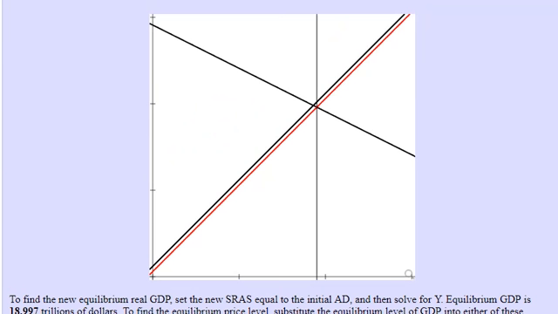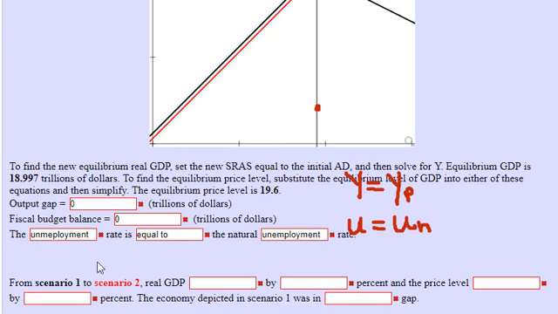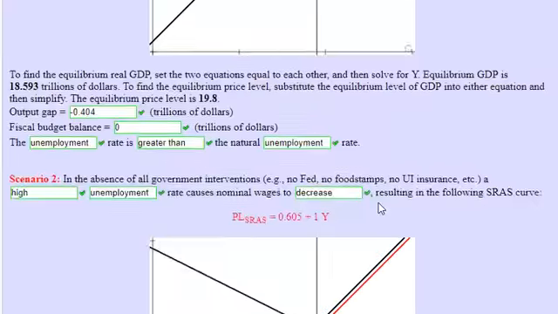Because remember, now real GDP equals potential GDP, or full employment output, and that means we should expect the unemployment rate to be equal to the natural rate of unemployment. Okay, and that's what we did right here. We got that right there. See that? Okay, so I'm going to erase that. I'll go ahead and hit enter and see if we get the right answers. And yeah, we got the right answers.